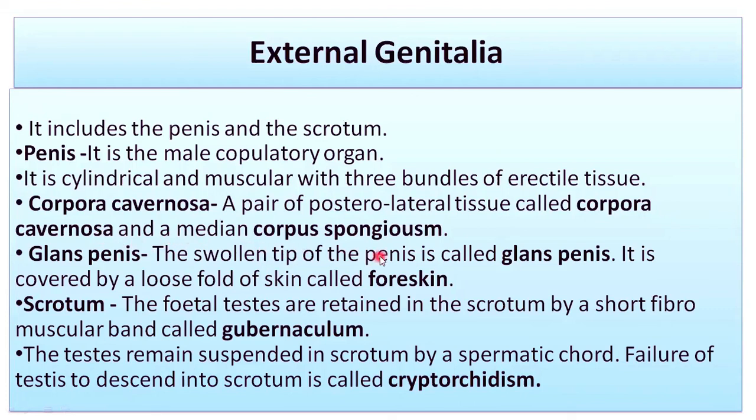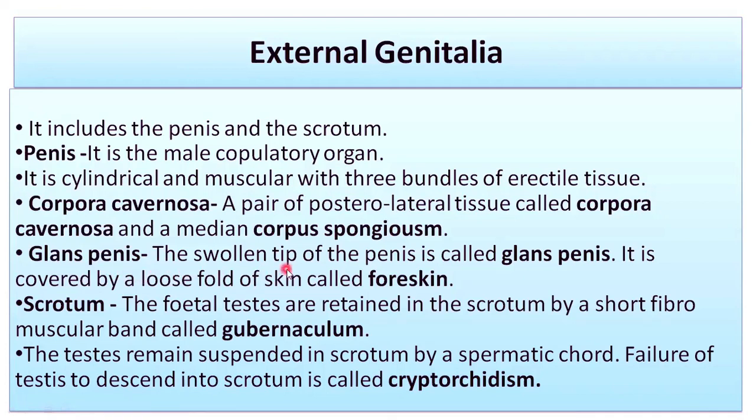So, what are the corpora cavernosa and median corpus spongiosum? This layer is a pair of posterolateral tissue present in this external genitalia. Now, the glans penis, the swollen tip of the penis, is shown in the diagram. Please watch the previous diagram. This point will be clear to you.